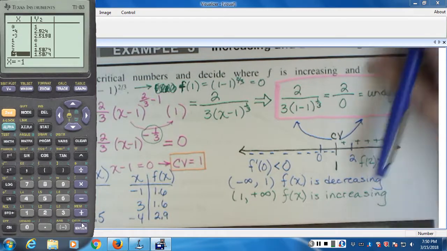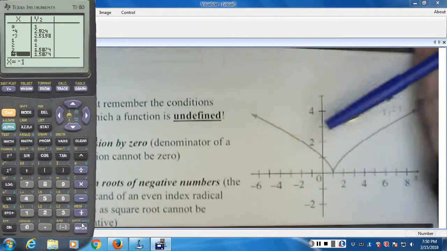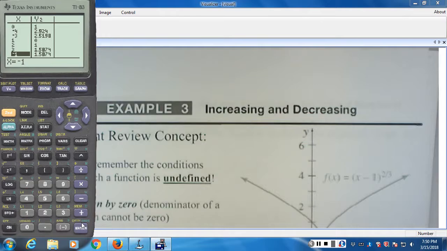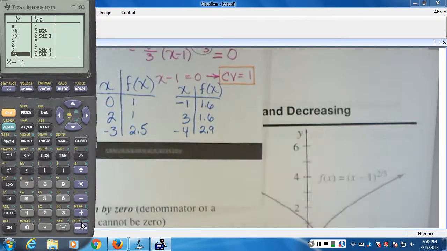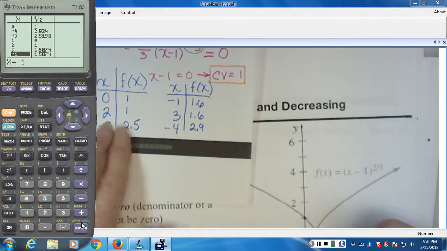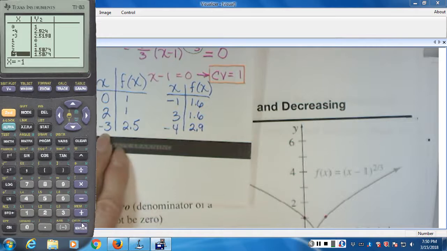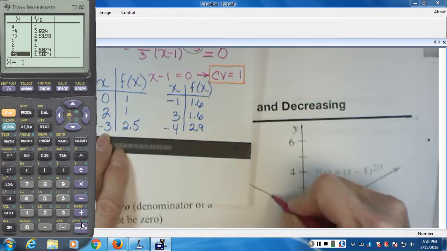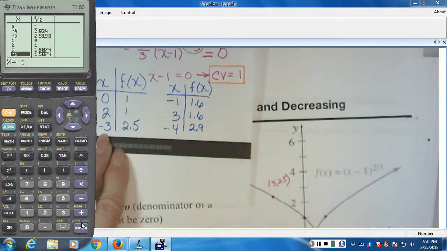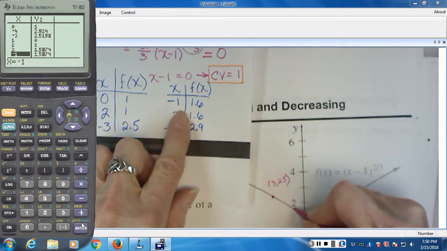So now if I had plotted these points, this might have made more sense. Because here I've got the point 0, 1. When it's 2, I've got 1. But when it's -3, I have 2.5. And when it's -1, I've got 1.6.